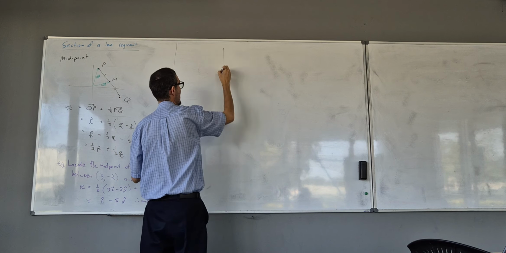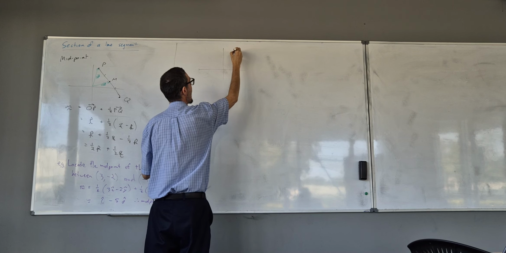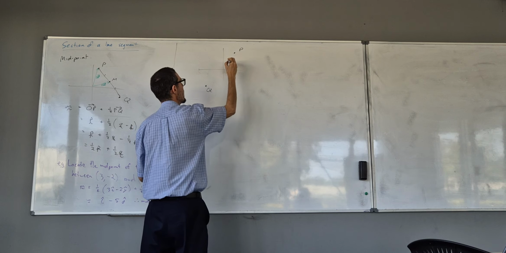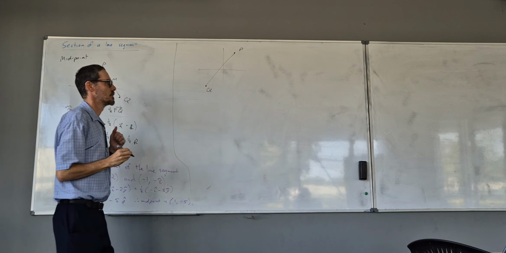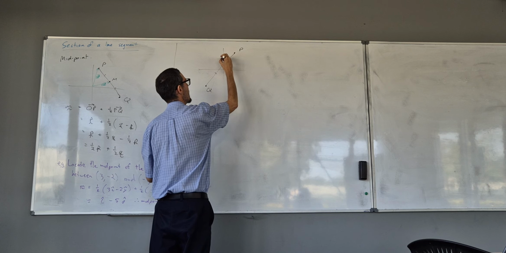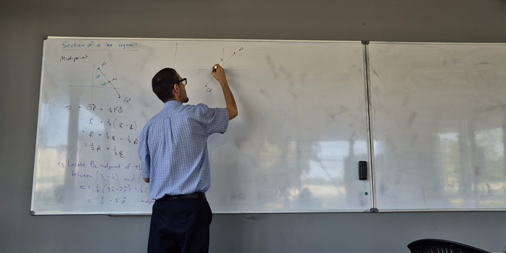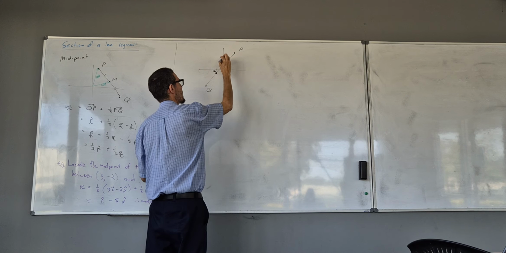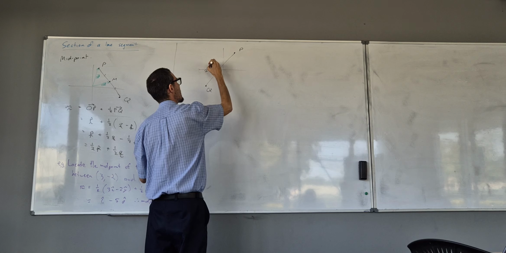Let's try dividing PQ. We're going to divide this in the ratio, let's call this point W, in the ratio 2:3.